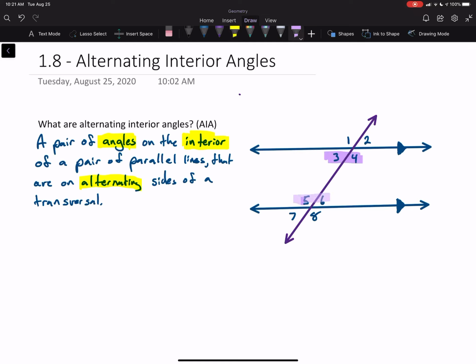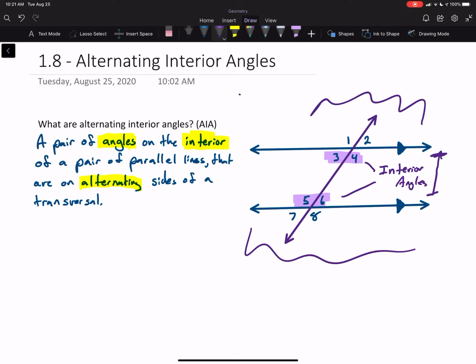These and these are interior angles because they are inside, in between these two parallel lines. They're inside that space and they're not out here somewhere. Those would be exterior angles. So we have interior angles.